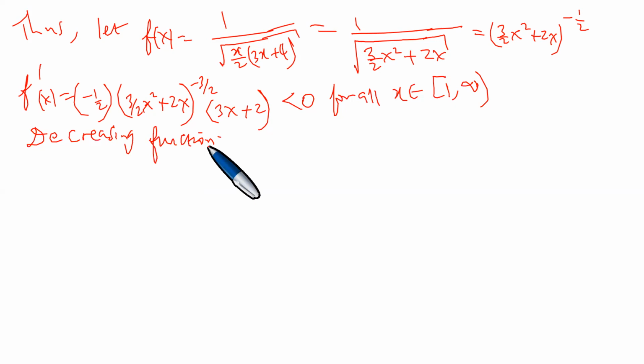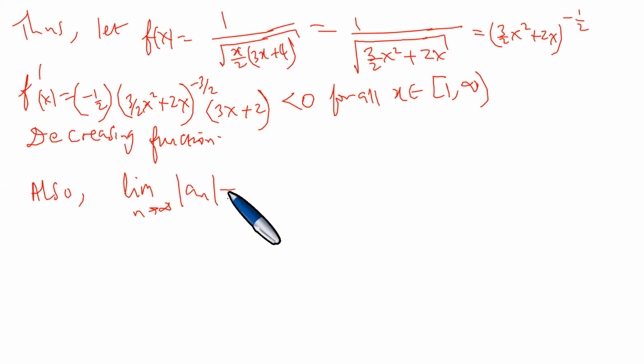Okay, because this is a decreasing function, what next do we need? Because now we know that it's decreasing, we need to find the limit of this. The limit of the Bn must be 0. Right? So we just are left with that one. So we say also the limit as n approaches infinity of this one. We get the limit of an now, not just Bn.